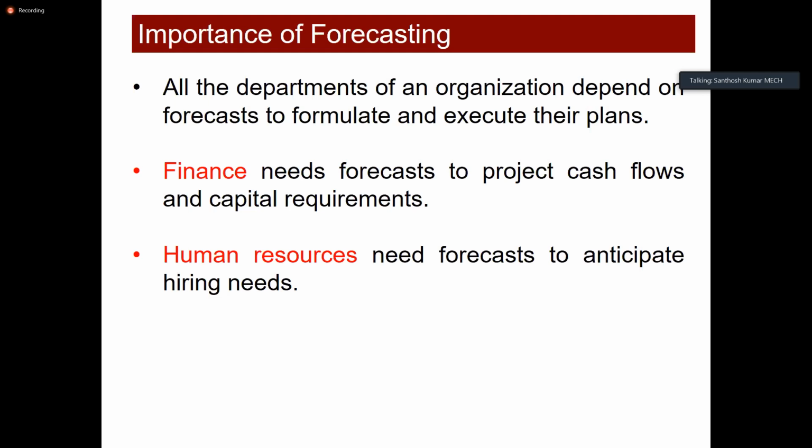Based upon that, I need to get more projects. For that, I need more human resource, means employees. That's why nowadays in most of the industries, firing is starting. They are removing most of the employees. Forecasting is important in human resource.